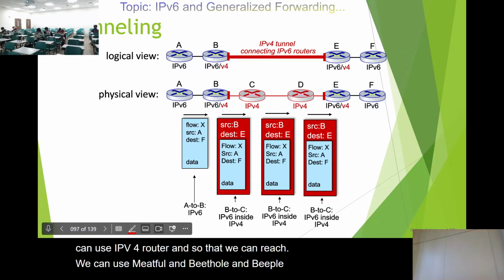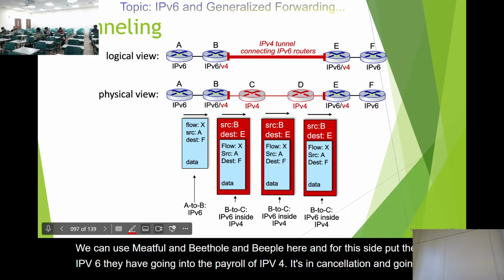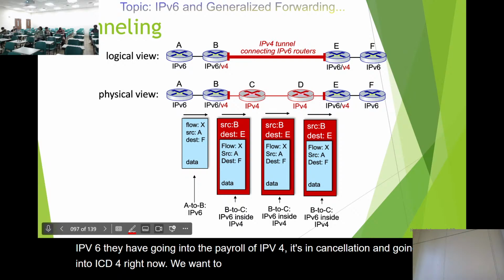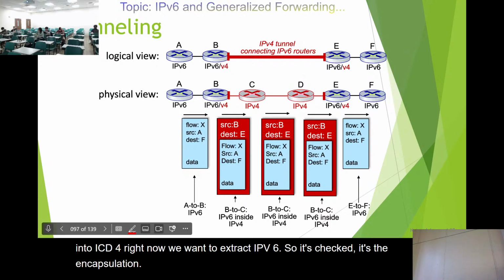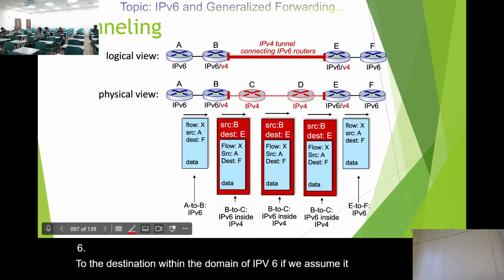And for this side, put the IPv6 datagram into the payload of IPv4. It's encapsulation. And going through IPv4, right now we want to extract IPv6. So extract is decapsulation. Decapsulation, then we have IPv6 again, then we can go to the destination within the domain of IPv6, if we assume a scenario like this.